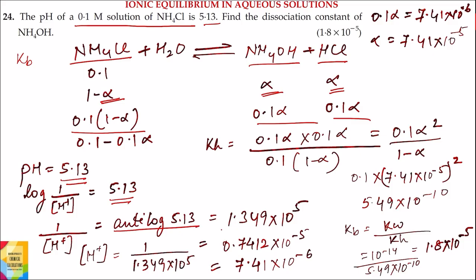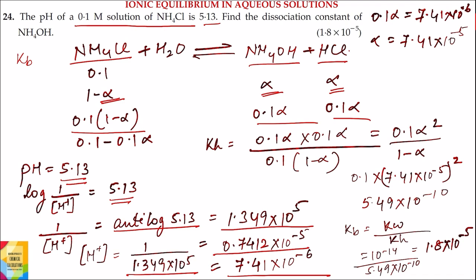Antilog 5.13 is 1.349 into 10 to the power 5. So, H plus ion concentration will be 1 by 1.349 into 10 to the power 5, which is equal to 0.7412 into 10 to the power minus 5, or approximately 7.41 into 10 to the power minus 6. This is the H plus ion concentration.